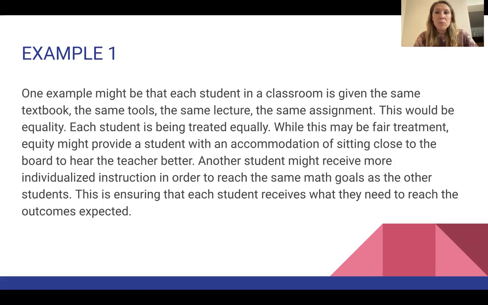And while this may be fair treatment, equity might provide a student with an accommodation or modification that meets that student's individual needs. For example, a student who might need to sit close to the board to see the teacher, or another student who might need some other type of accommodation in order to complete the assignment.